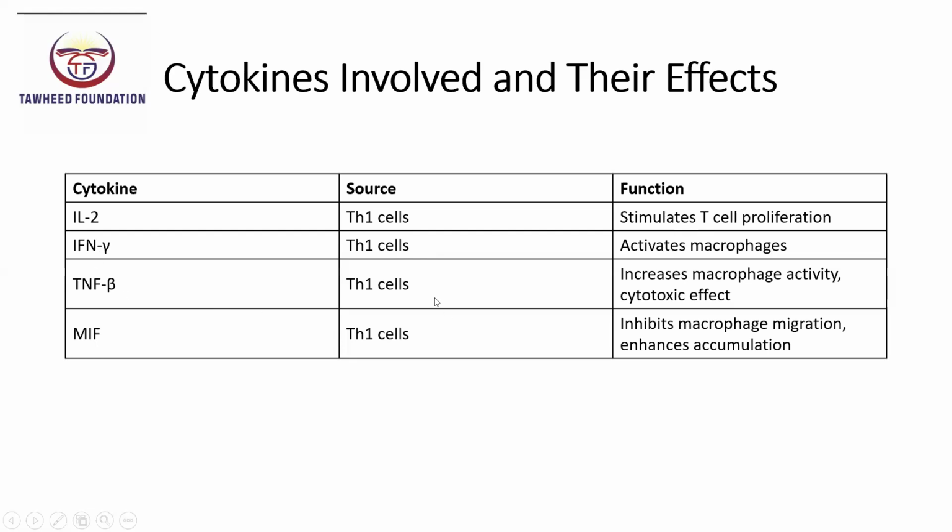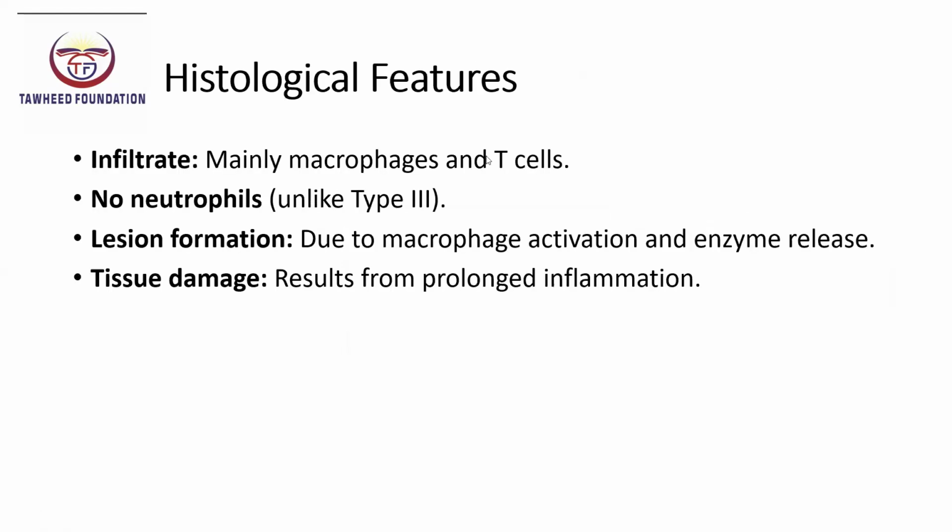TNF beta further increases macrophage cytotoxic activity and contributes to tissue damage. MIF, that is macrophage migration inhibitory factor, prevents macrophages from leaving the site, enhancing their accumulation and sustaining inflammation. Understanding these cytokines explains why type 4 reactions are cell-mediated, localized, and potent, with significant tissue injury if prolonged.